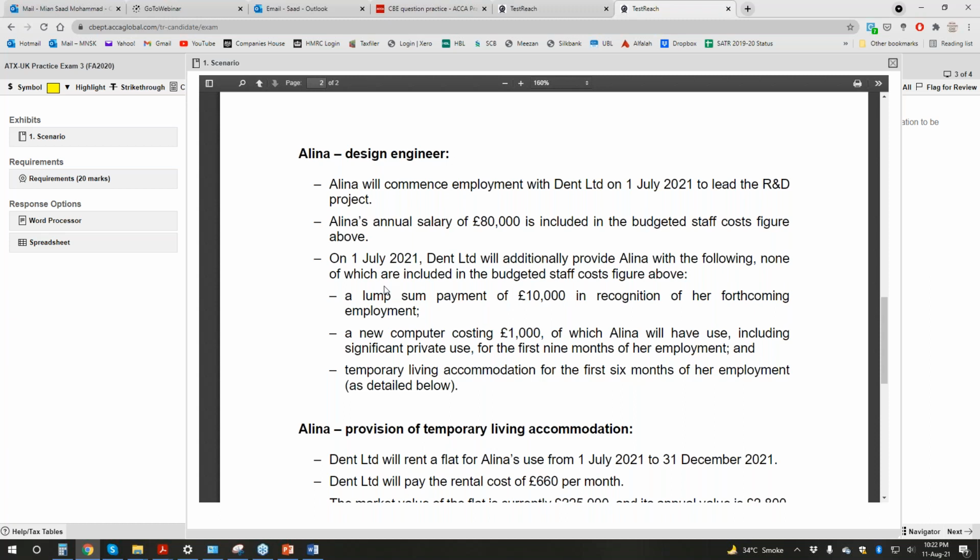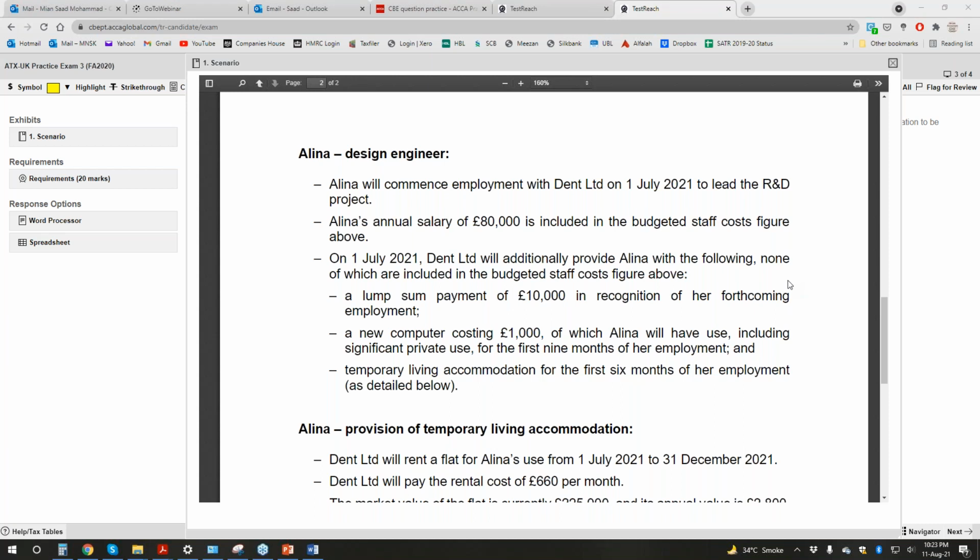Okay. A lump sum payment of 10,000 in recognition of her forthcoming employment. It means, guys, they are welcoming her and paying her 10,000. So what do you think, is it an inducement payment? Is it a golden hello? We have discussed it yesterday as well. And should it be taxable for Elena?